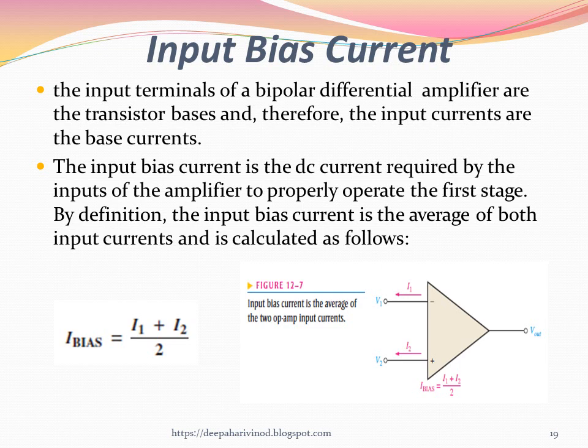By definition, input bias current is the average of both the input currents and is calculated as I bias equals (I1 plus I2) divided by 2. We can see that this is I1 and this is I2. So the input bias current is the average of both the currents.